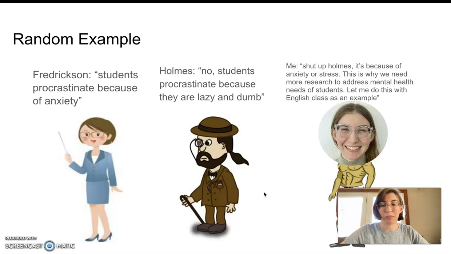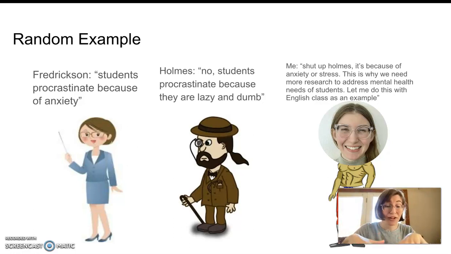Here's another random example. We got Fredrickson who says students procrastinate because they're anxious. And then I read Holmes who says, no, they procrastinate because they're lazy and dumb. So again, I have two sources, two tables I know I'm going to set up. Am I going to sit with Fredrickson, or am I going to sit with Holmes, or am I in the middle? Are we all together? What am I going to do? Looking at these fake sources, I completely disagree with Holmes. I don't think students are lazy or dumb.